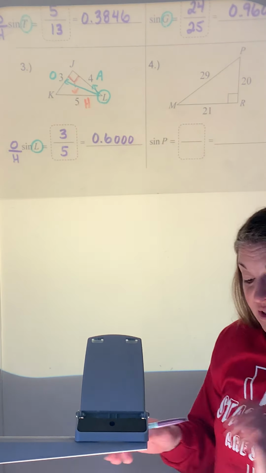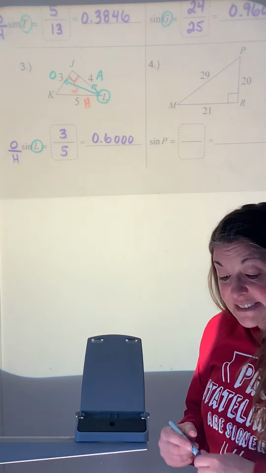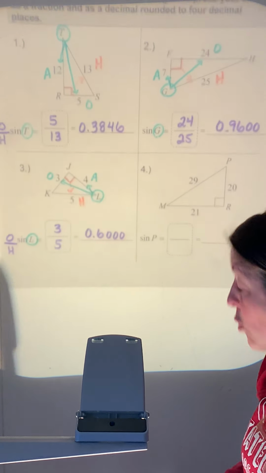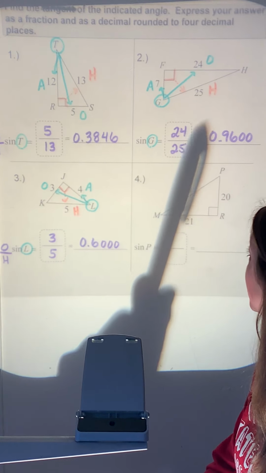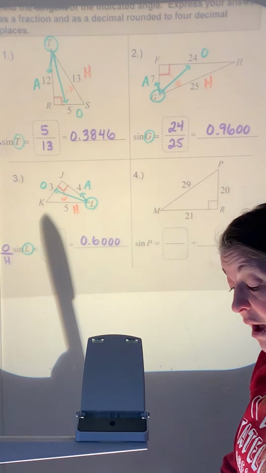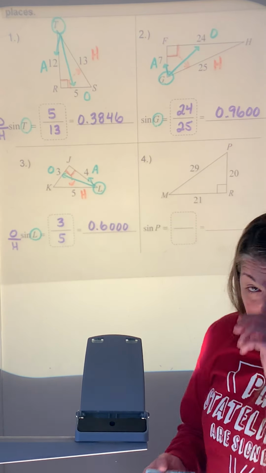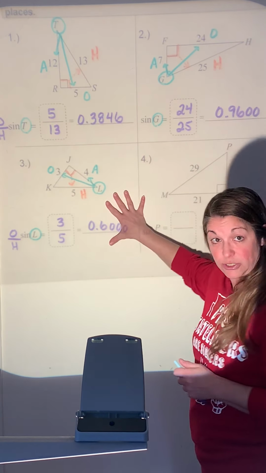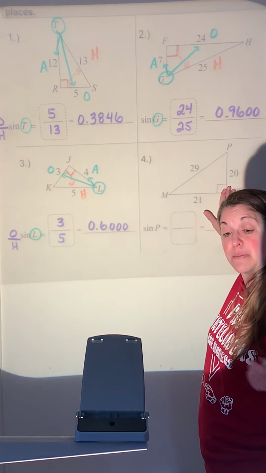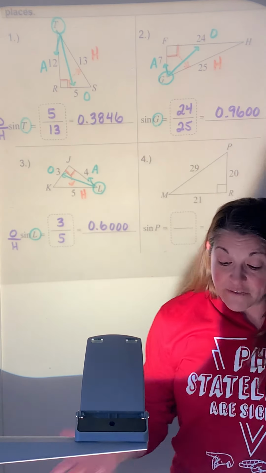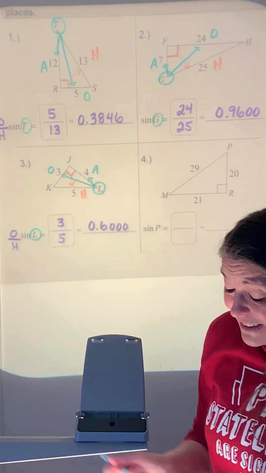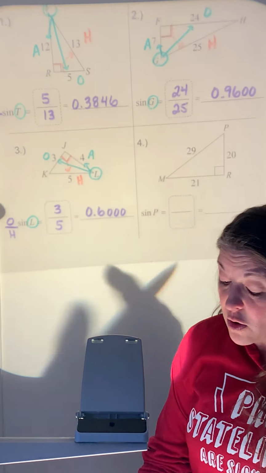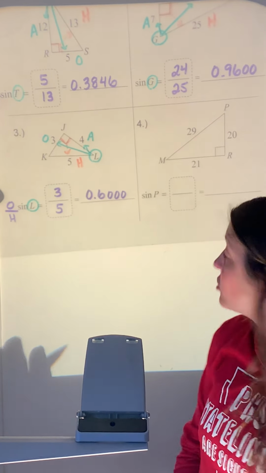Now, hopefully what you're noticing so far is that the hypotenuse always ends up being the largest number in the triangle. Remember, the hypotenuse is always the longest side in a right triangle because the 90 is always the bigger angle. So if I'm taking a look at number 4, maybe I don't necessarily need to say, where's my 90? Let me look across.